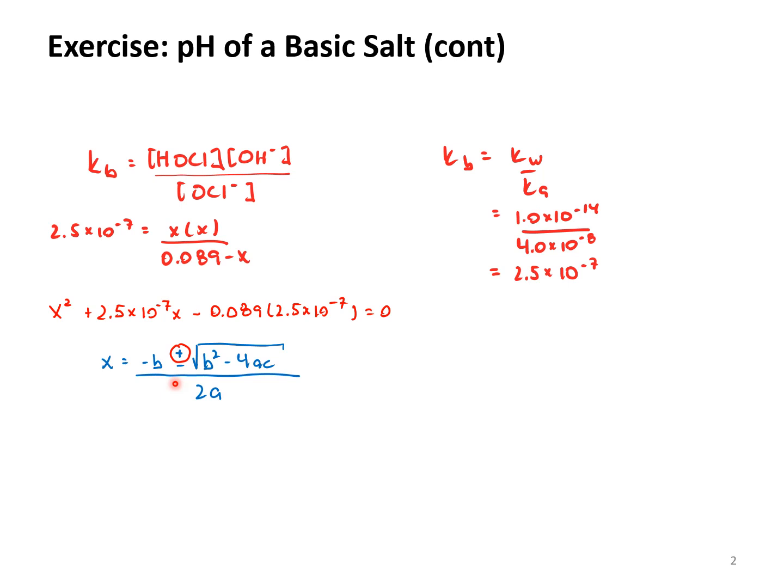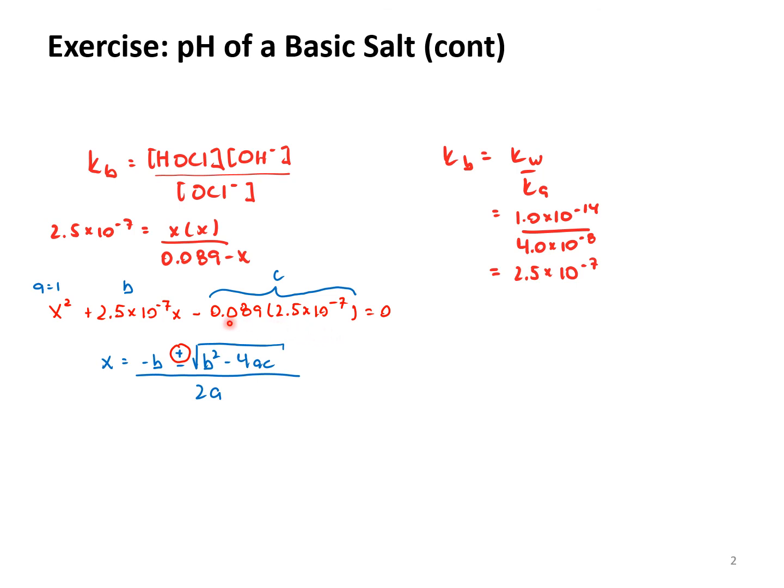However, we cannot have a negative concentration, so we only have to calculate the positive square root. In this case, A equals 1, B equals 2.5 times 10 to the negative 7, and C is the product of 0.089 and 2.5 times 10 to the negative 7.